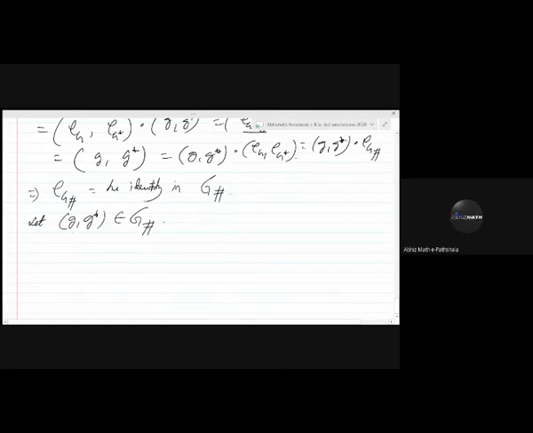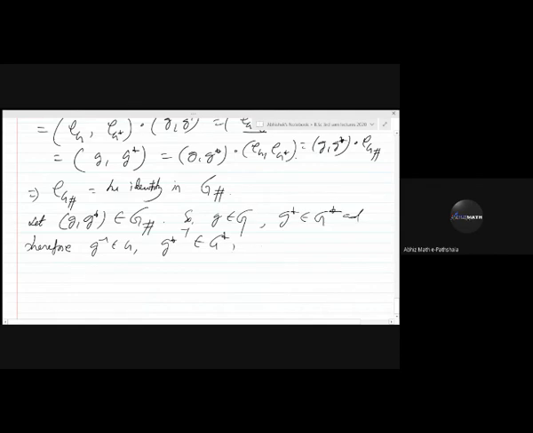Now since G belongs to capital G and G star belongs to capital G star, in the respective groups they have inverses, right? So G has an inverse, therefore G inverse belongs to G and G star inverse belongs to G star. Okay.